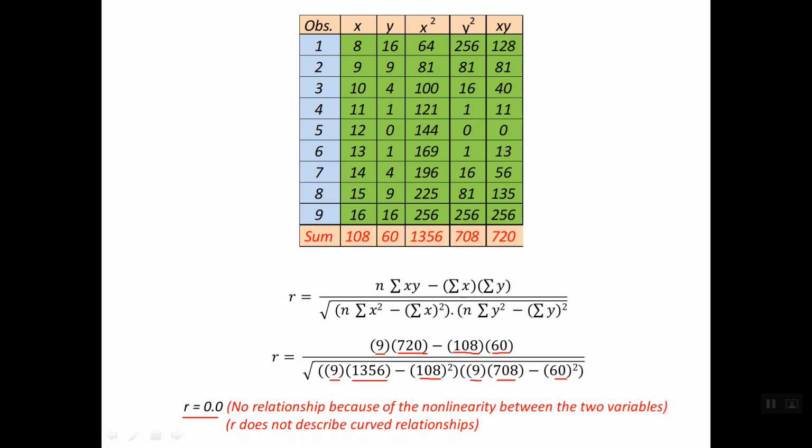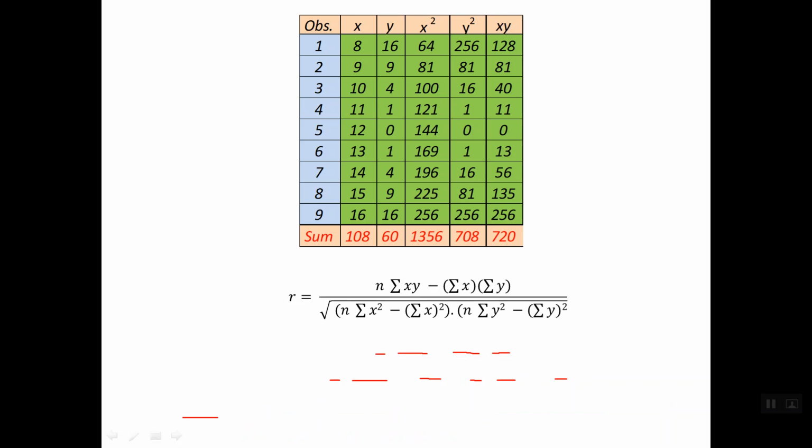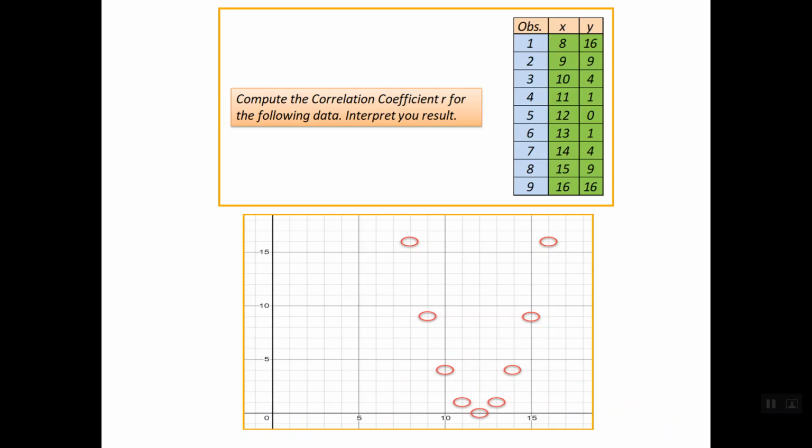So in this case, as per our understanding of the Pearson correlation coefficient, 0 states that we have no relationship. Of course, here the relationship simply exists. Let's return to the scatter plot.